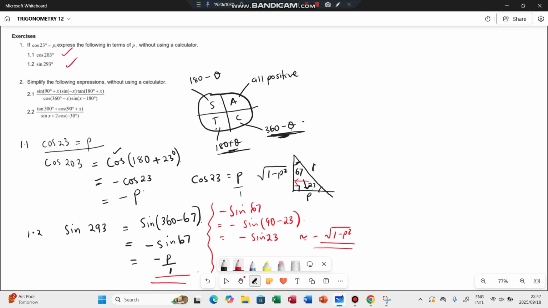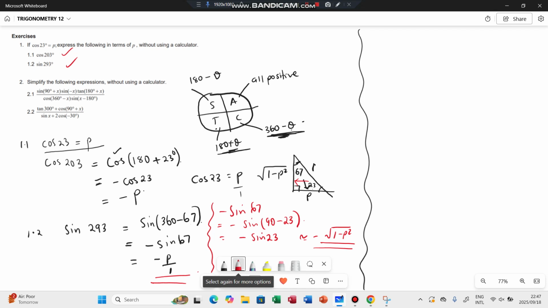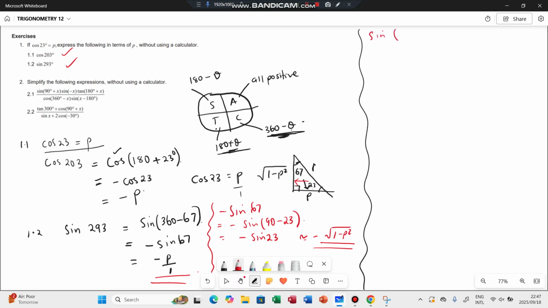If we go ahead to look at this question, which is sine of 90 plus x and sine of negative x, then tan of 180 plus x, divided by cos of 360 minus x and sine of x minus 180 degrees.